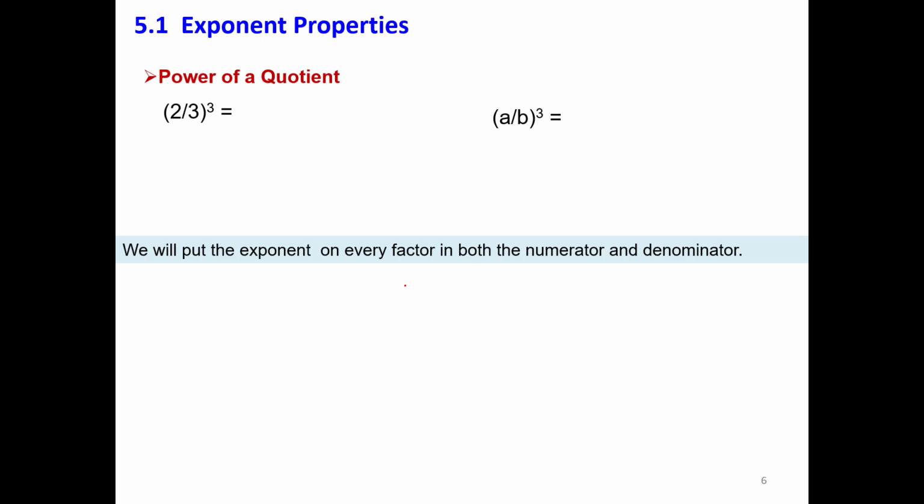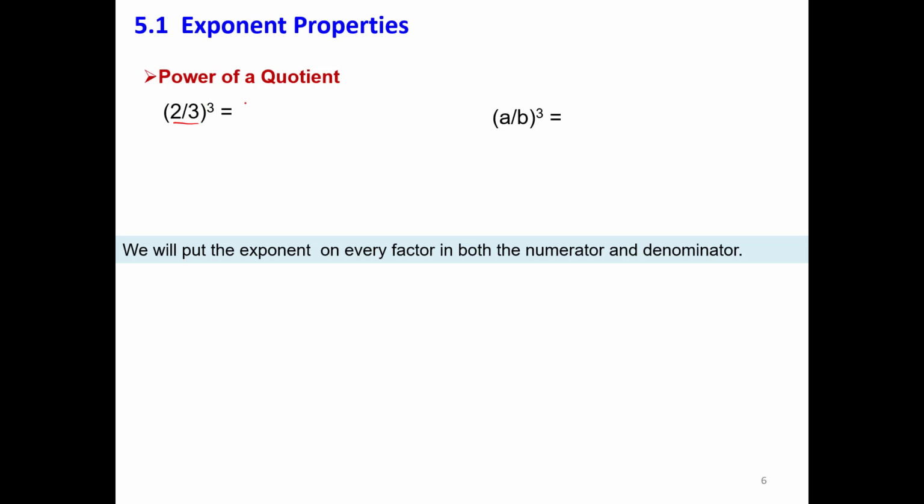The next slide is the power of a quotient. Let's first apply the concept of the exponent. In this case, the base is 2 divided by 3, 2/3. And how many times do we need to multiply the base? 3 times.